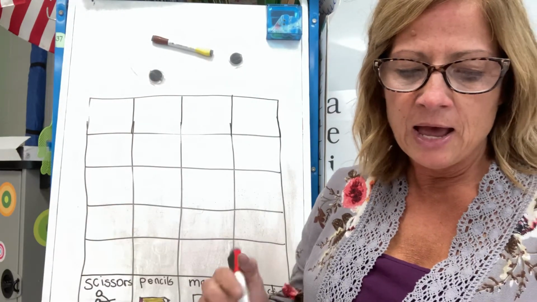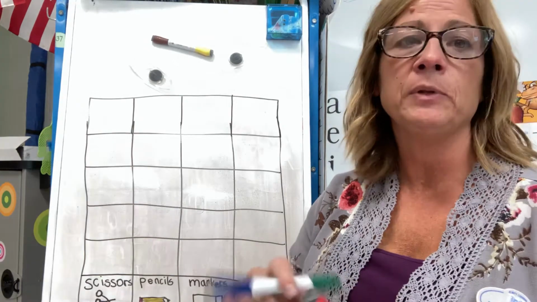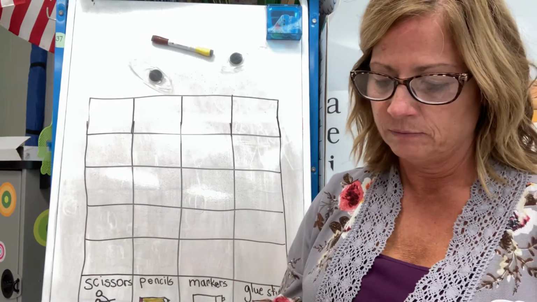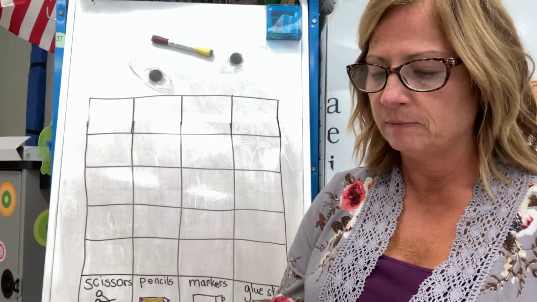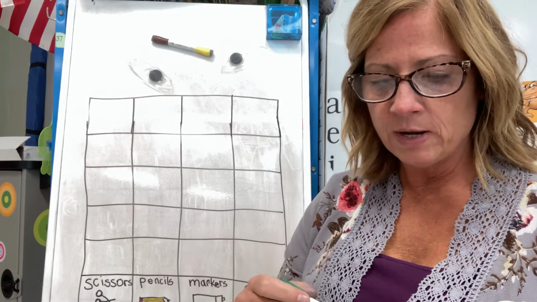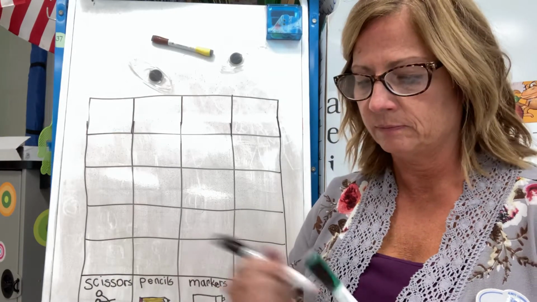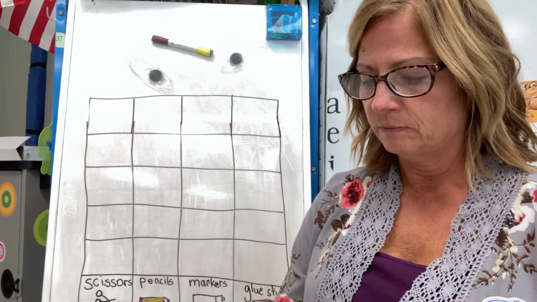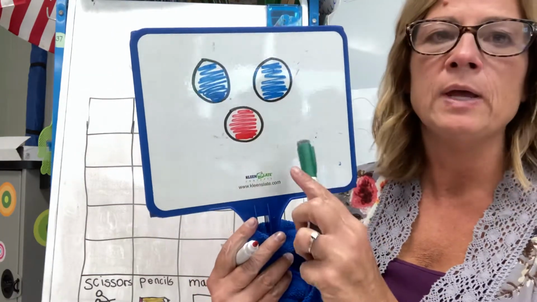And then I want you to color 2 of the circles blue. Okay. And 1 of the circles, I want you to color it red. Okay. So we have 2 blue and 1 red.